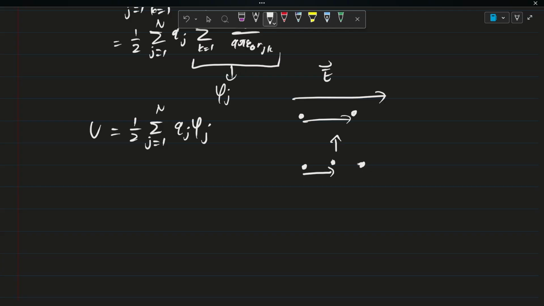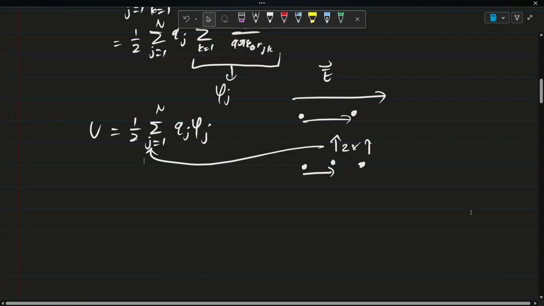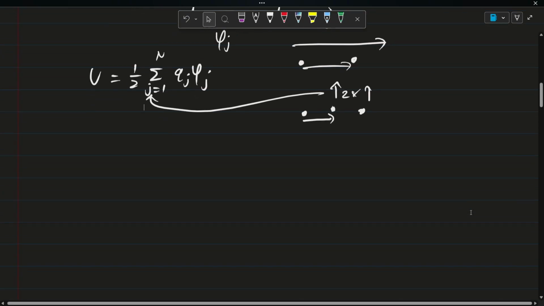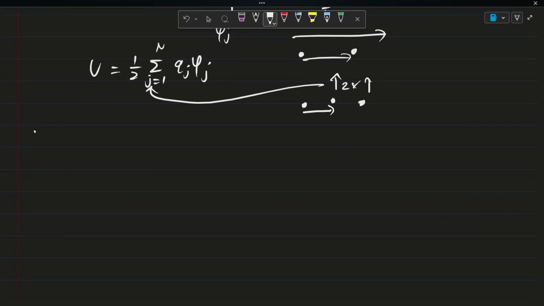But also, if you look at it from this other particle, it's also going to be increasing its potential energy, meaning that you're double counting it. So therefore, you need to divide it by 2 in order to get your actual potential energy. You don't create energy out of nothing. So that was the potential energy for a point charge. But let's consider something much better.